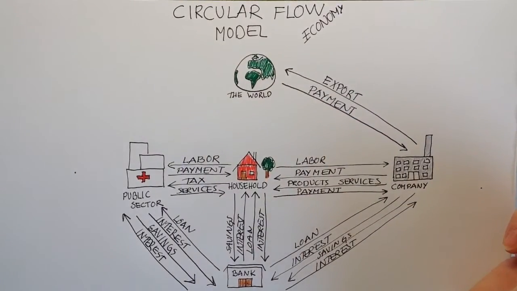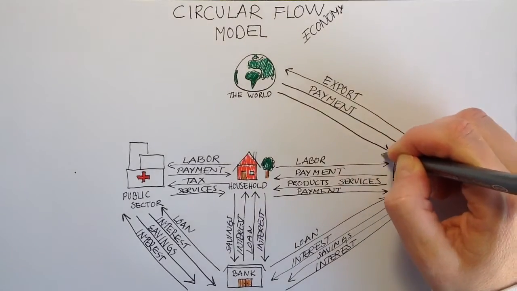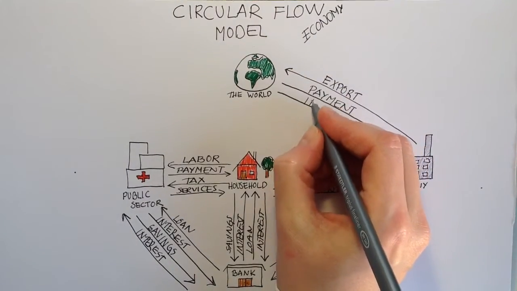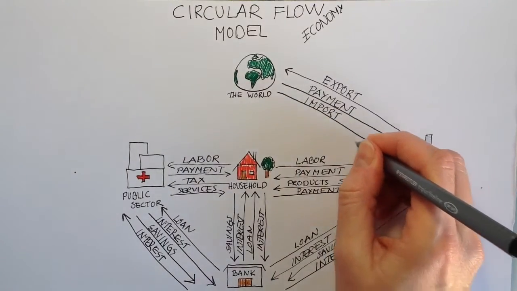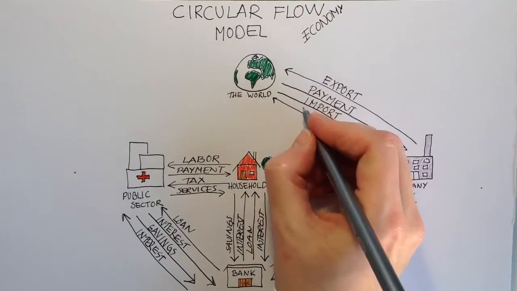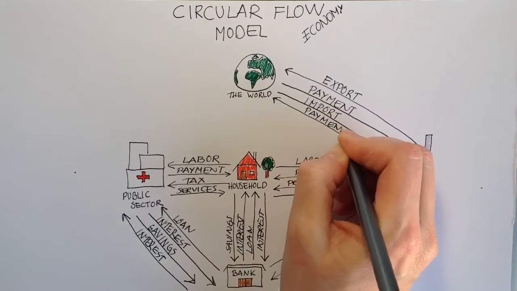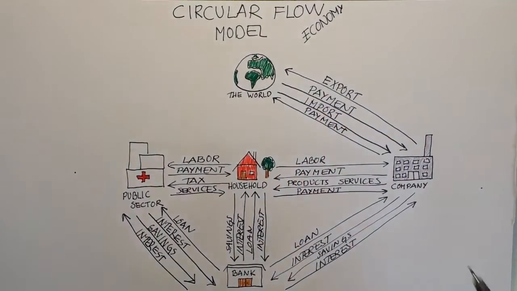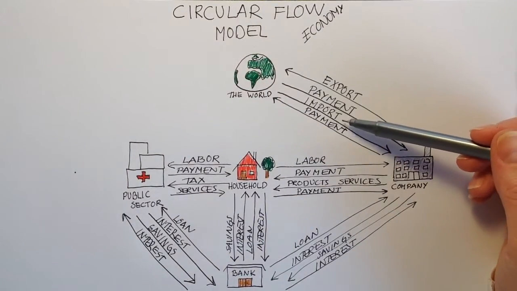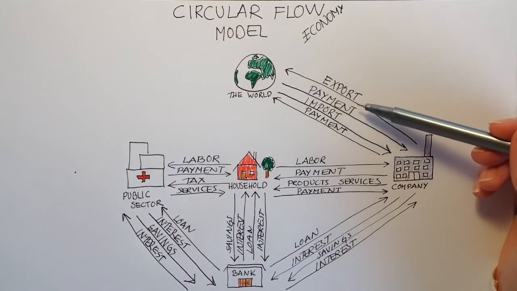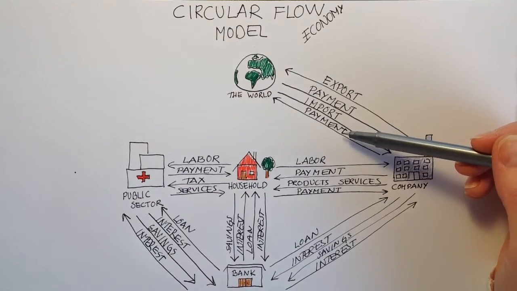But the companies will also need products from the other parts of the world. That's called import. And of course, if they do, they have to pay for this. It's called payment. So the companies are connected to the rest of the world by export and import. And we want to export more than we import because then we get money into Sweden.